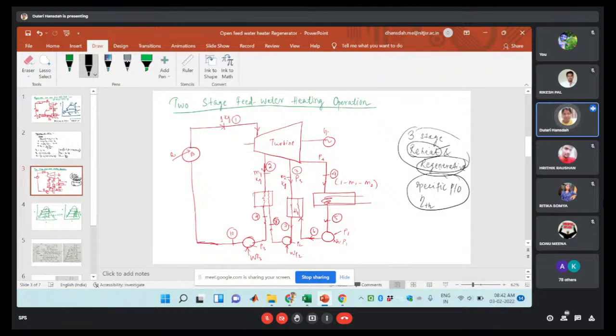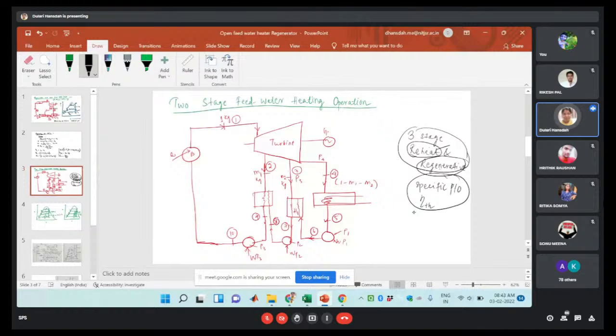I will discuss that at a later stage. Here I have shown only the two-stage feed water heating process, and how the energy balance equation is used to find the M1 amount of steam and M2 amount of steam. We will also discuss what the turbine work is in this regenerative cycle, and what the pump work will be.